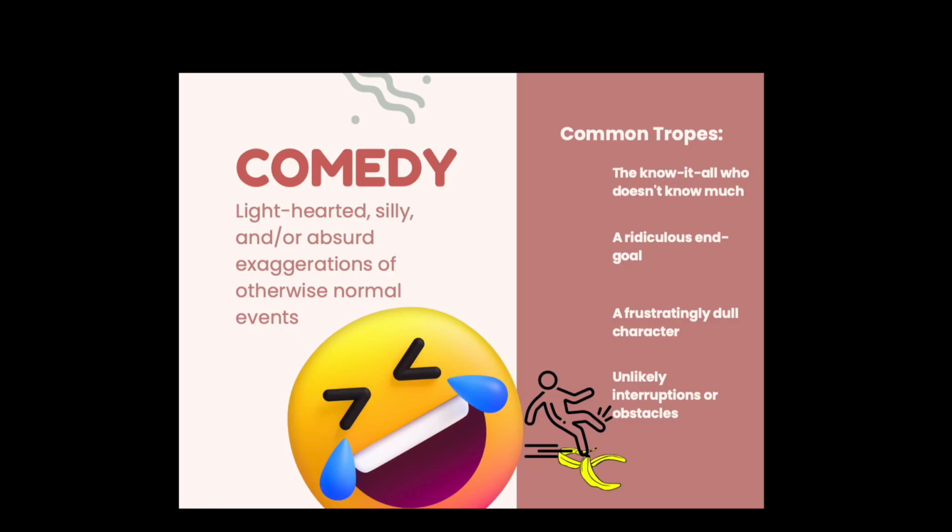If you ever watch the Monty Python and the Holy Grail film, the violent, deadly rabbit kind of counts as this unlikely interruption or obstacle, because rabbits cannot decimate a battalion of knights. That's not a real thing that can happen, but it is absolutely applicable within the context of a comedy. Anything can happen really in a comedy as long as it's going to make the audience laugh.